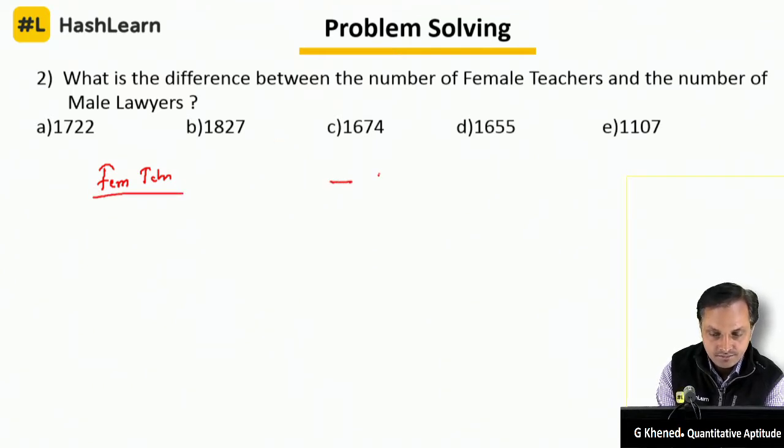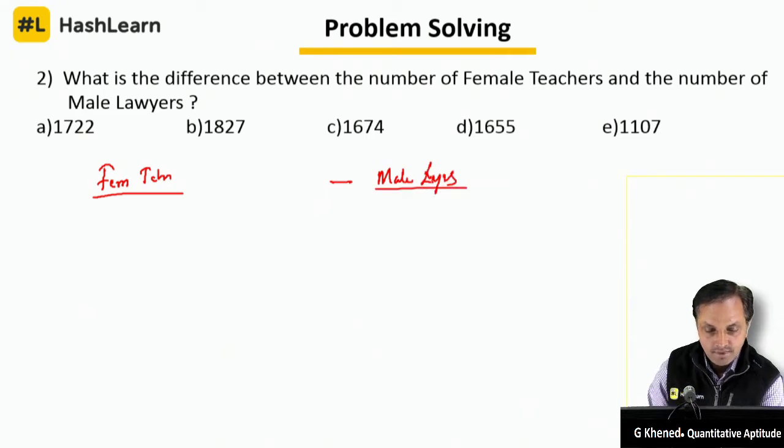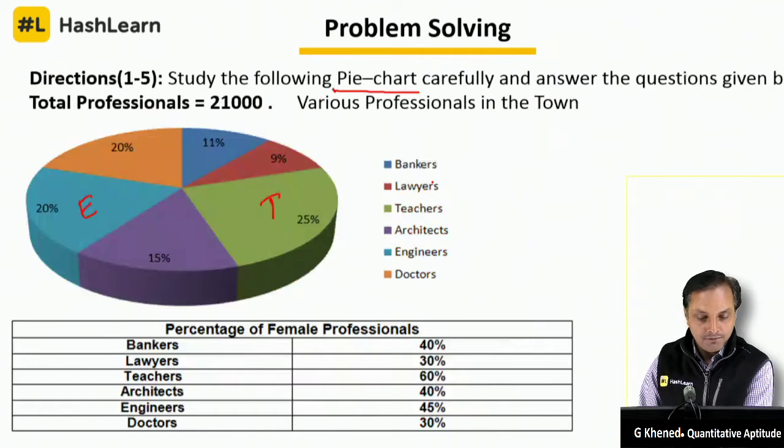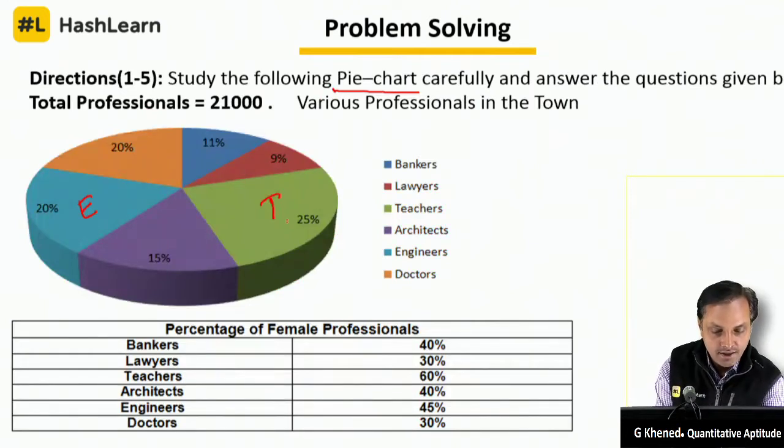Minus male lawyers. Okay. So 25% of the total professionals are teachers. Among that, teachers are 60% female.